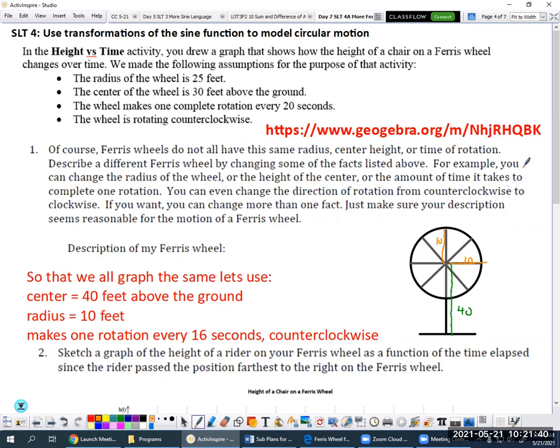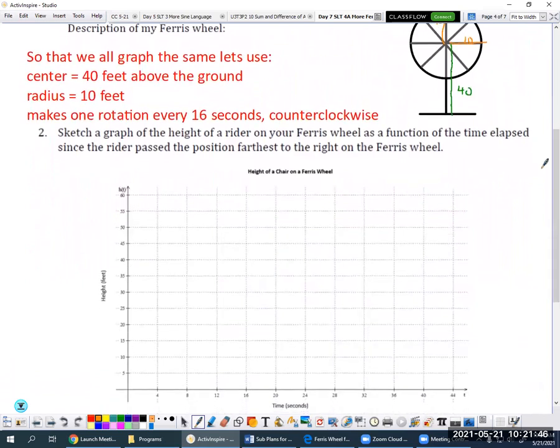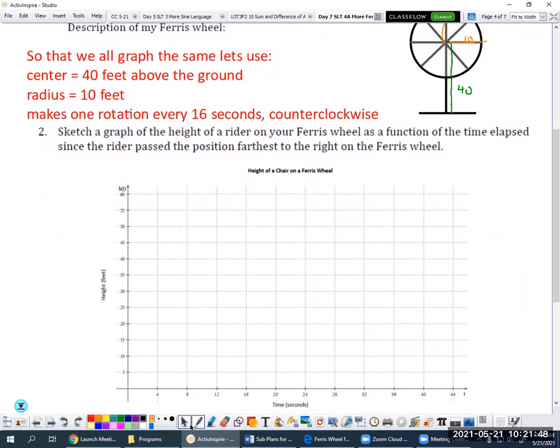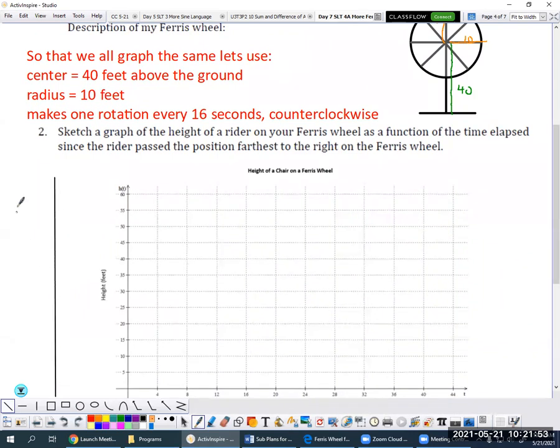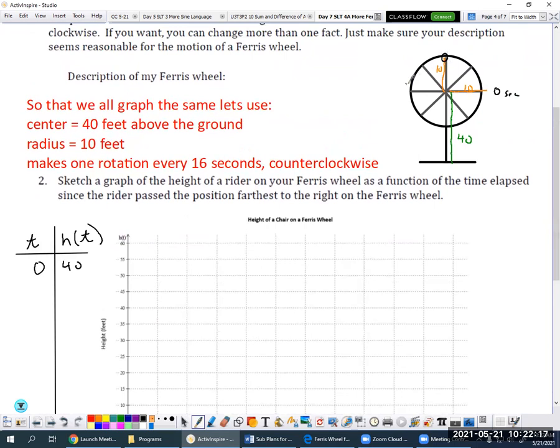So the first thing I want to do is create a table. I've got this graph here. We're going to make a table: time, height. Okay, so time is 0. We know when time is 0, we are at 40 feet above the ground. Now I'm going to go all the way around and think about my key points here.